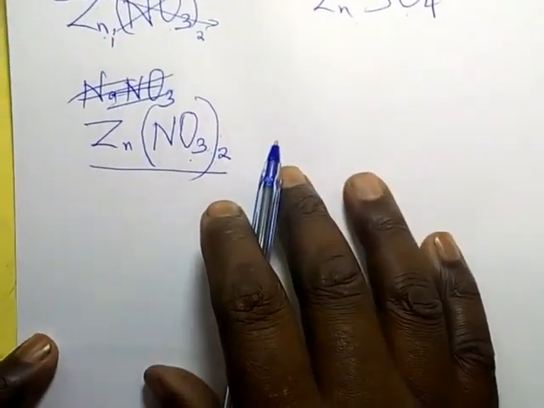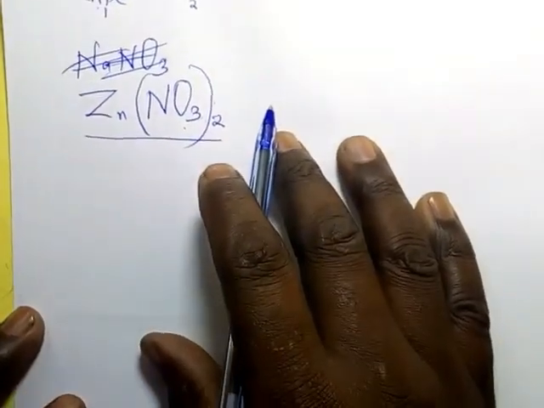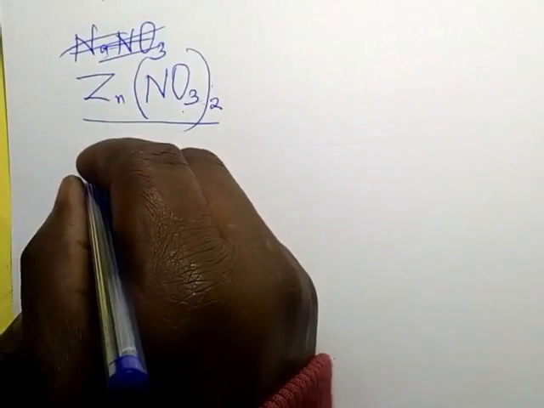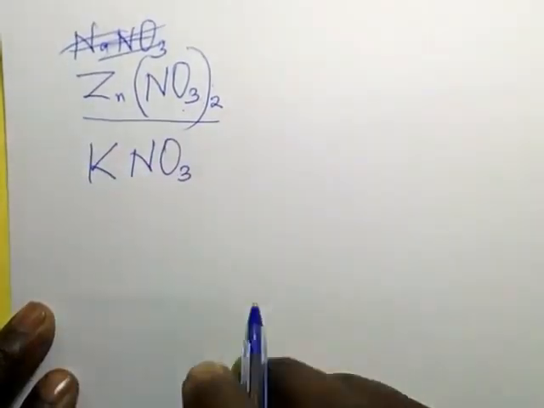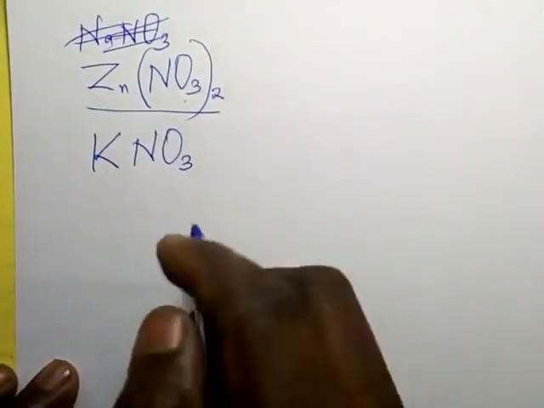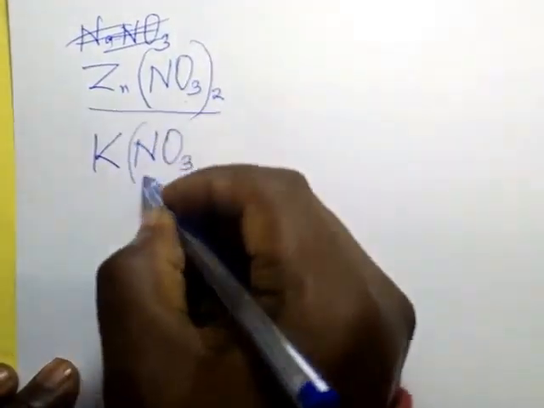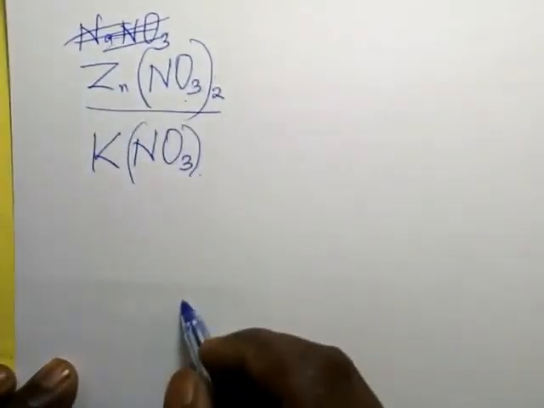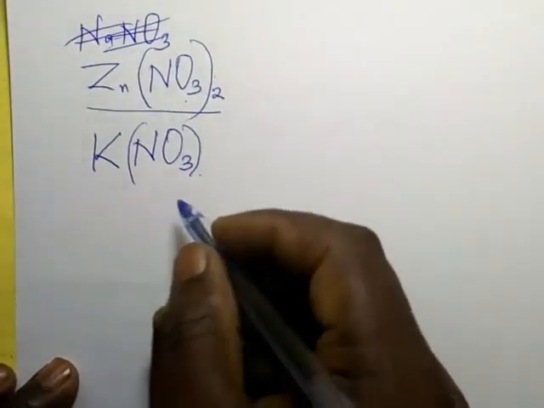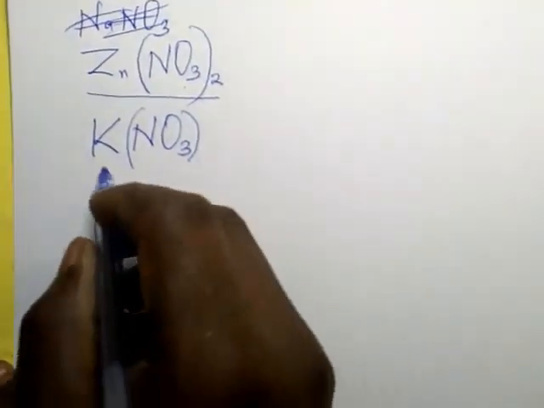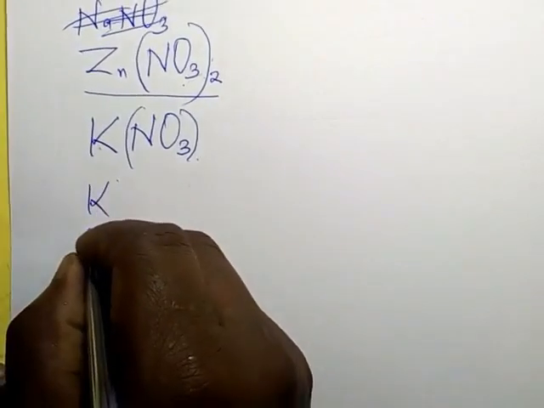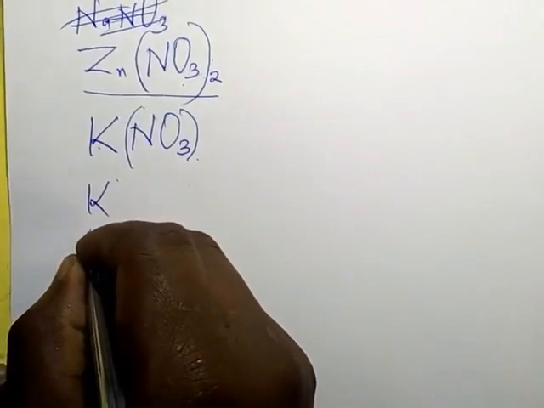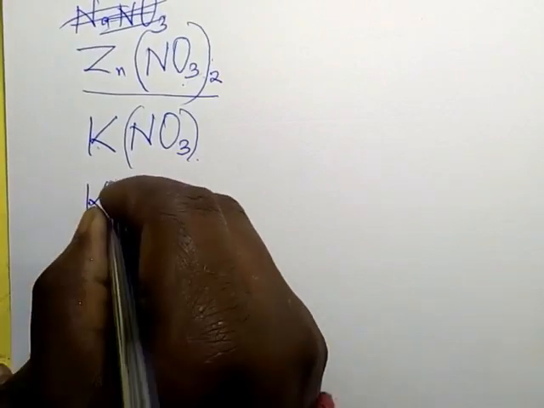So let me write potassium nitrate. Potassium nitrate is KNO3. That is potassium nitrate. Do you realize I don't have a bracket here? Why don't we have a bracket there? We know that potassium is atomic number 19, electron configuration 2, 8, 8, 1, therefore it has a valence of 1.